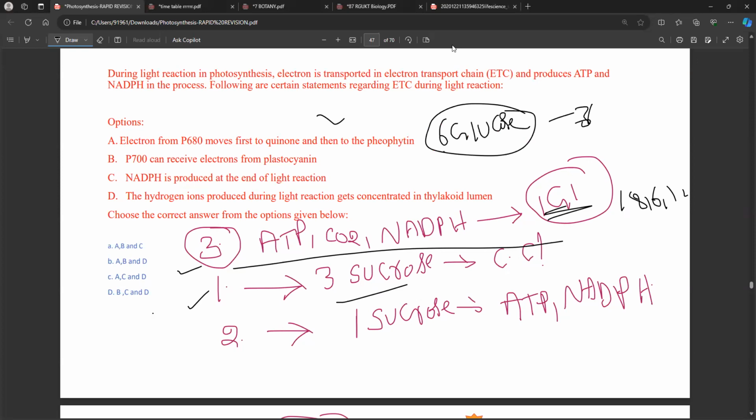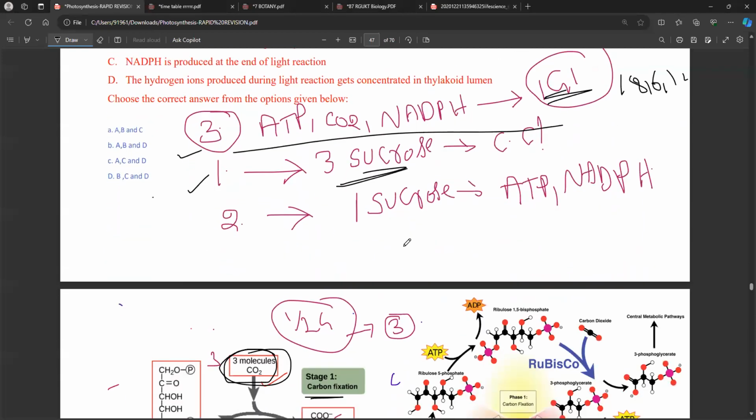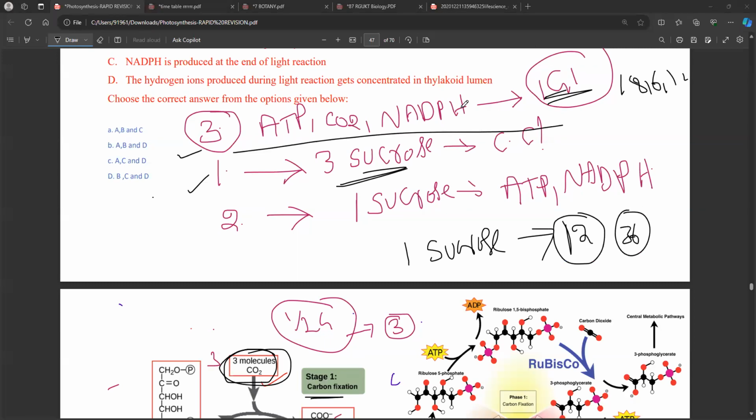You all know very well, 2 glucose molecules come close together and make 1 sucrose. So for 1 sucrose molecule, the Calvin cycle occurs 12 times. I have asked for 3 sucroses, so it is 36. Actually, they never ask in that way. They never mention the sucrose. Maybe in the calculations they may ask.